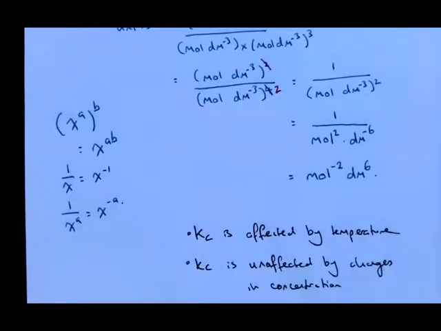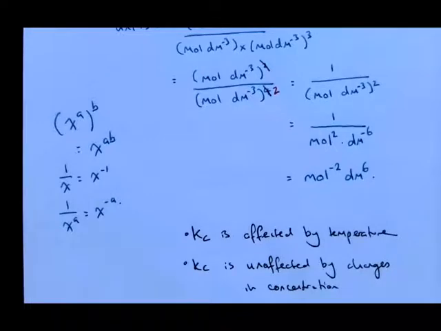Now, if you think about this for a little bit, you might want to pause it and have a think about this. This should be a little bit confusing, because all the way through the topic on Le Chatelier's principle, we talked about changing the concentration, changing the position of equilibrium. Whereas now I'm telling you that if I change the concentration, the equilibrium constant, which tells you the position of equilibrium, doesn't change.